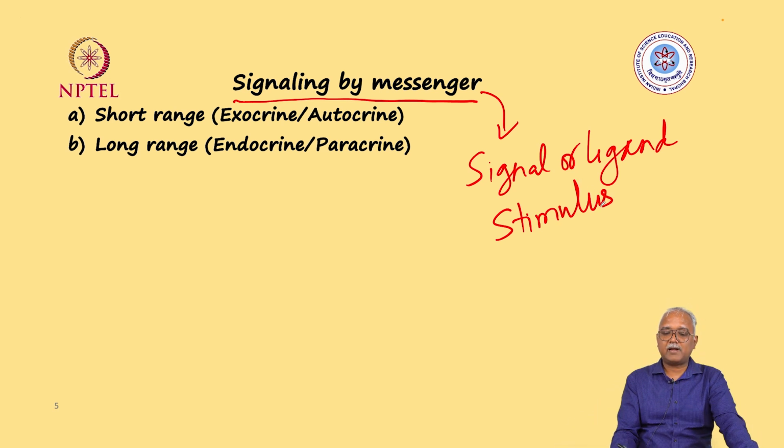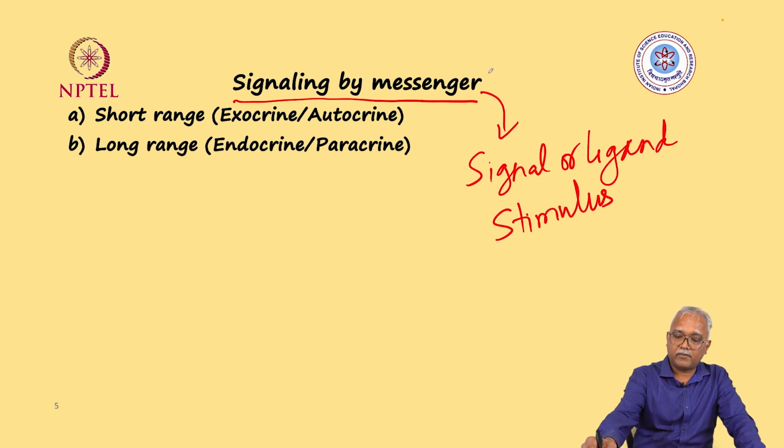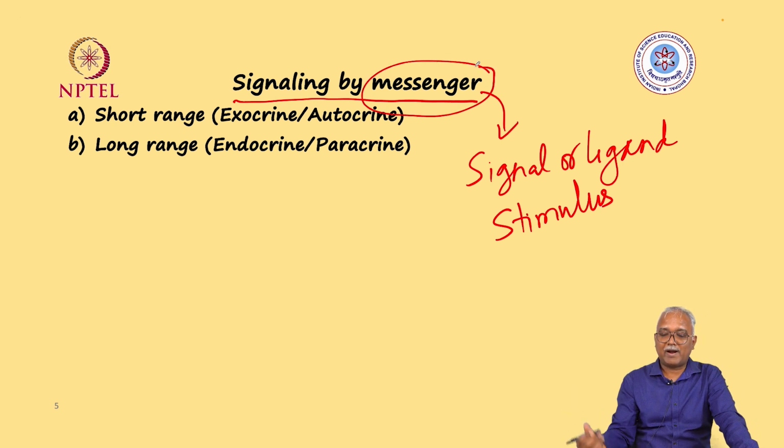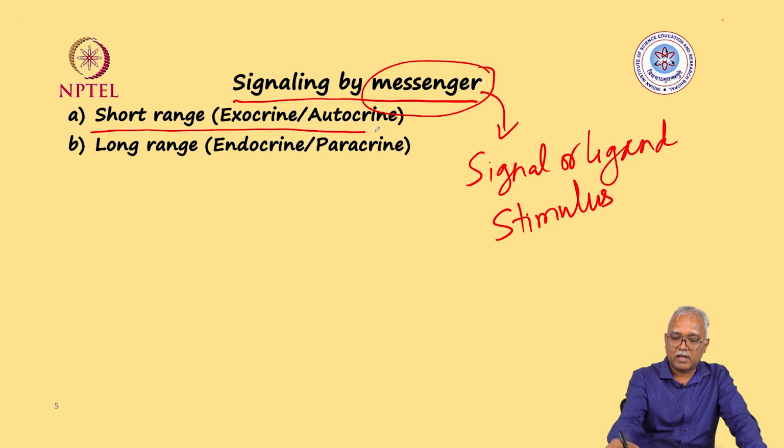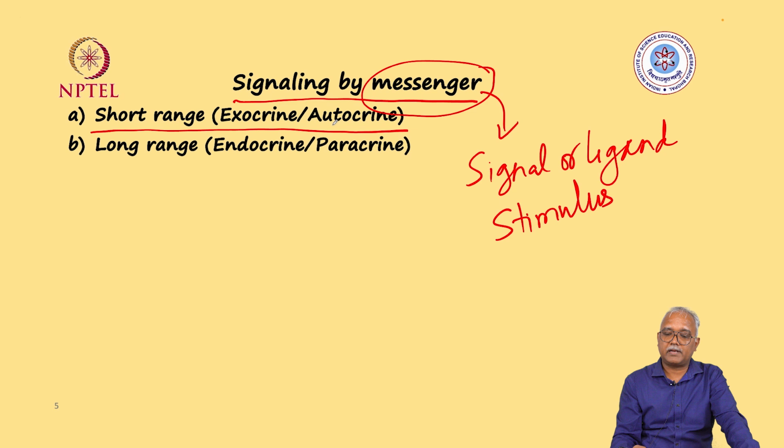What it means is that your signaling is going on with the help of this messenger. So you might wonder what is different. All that you have been told until now about signaling requires the signal or the messenger. What I want to emphasize here is how far the messenger is traveling. If the messenger is traveling a shorter distance, it is called autocrine signaling or short range signaling.